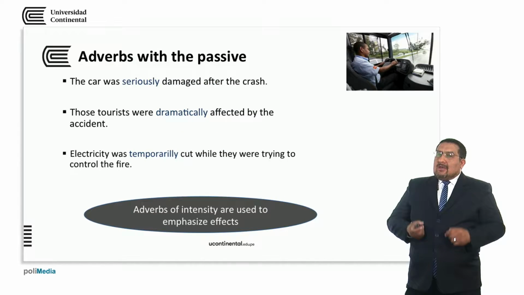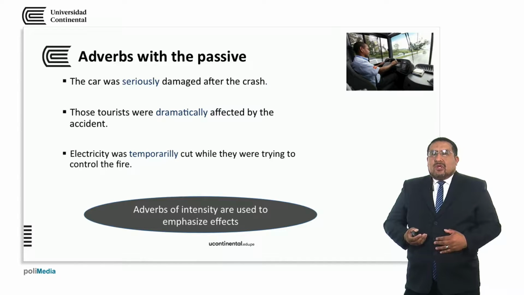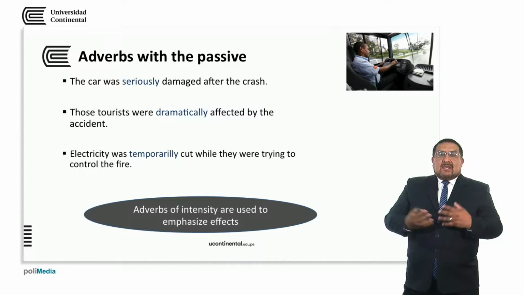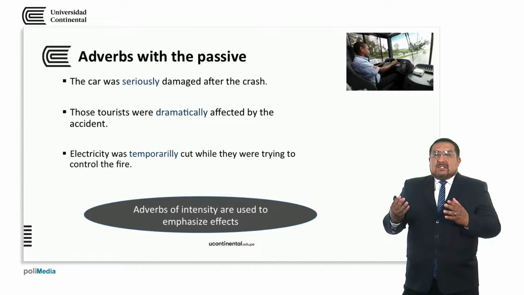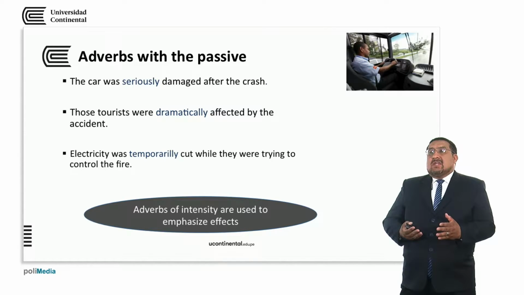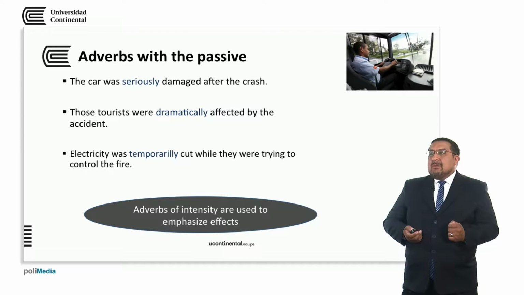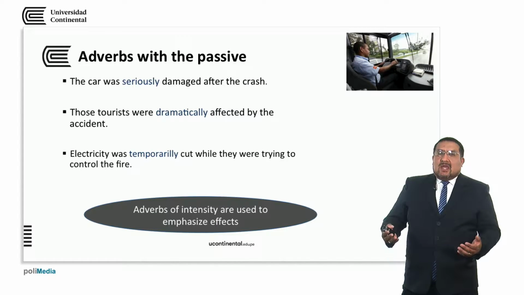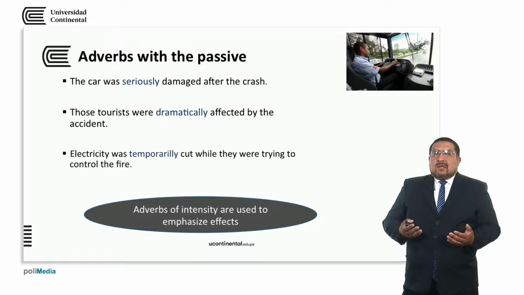So if we want to use this in the passive voice, we can also make a mix of uses with these adverbs of intensity. You see, the car was seriously damaged after the crash. There was a crash, maybe the driver fell asleep, and then there was an accident.